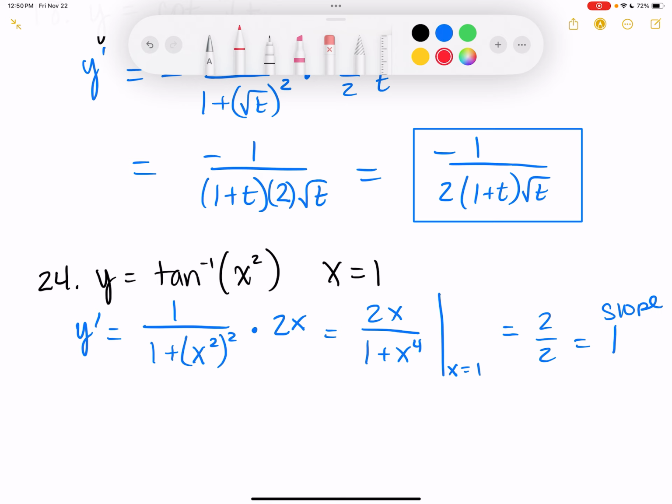So, inverse tangent of 1 squared. Radian mode. Okay. Write that on here for Virginia. Radian mode.